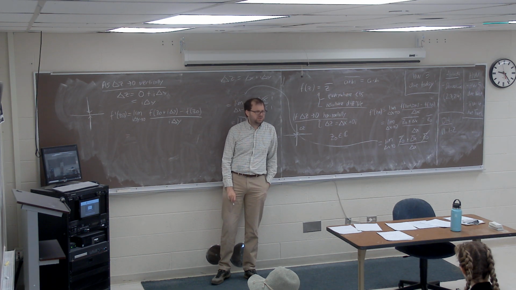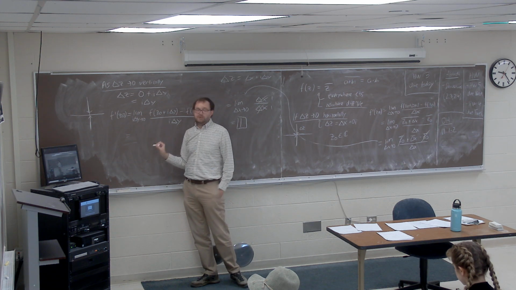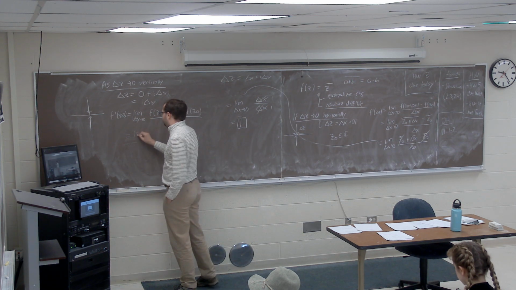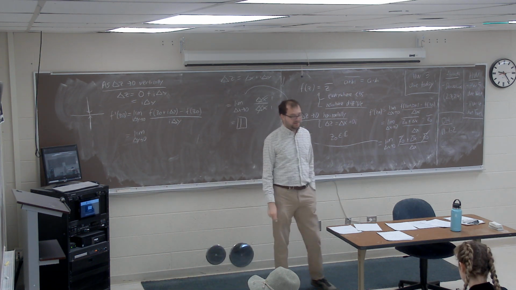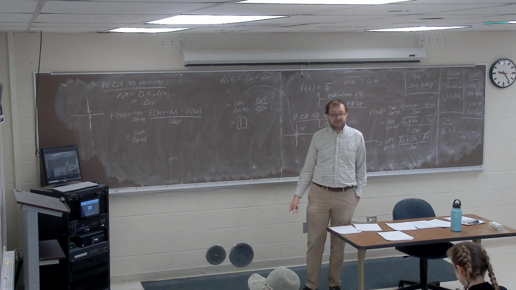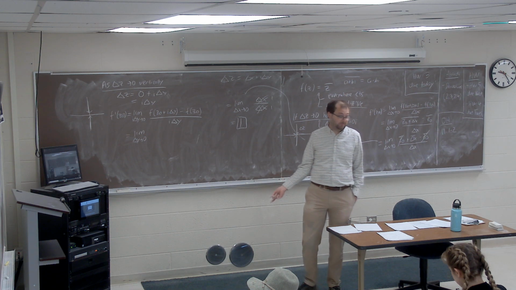I times delta y going to 0, I would argue, is the same as saying that just plain old delta y is going to 0. So we don't really need this i delta y going to 0 in the limit. We can just replace it with delta y going to 0 for simplicity's sake, because if delta y is going to 0, i times that is going to go to 0, and vice versa.